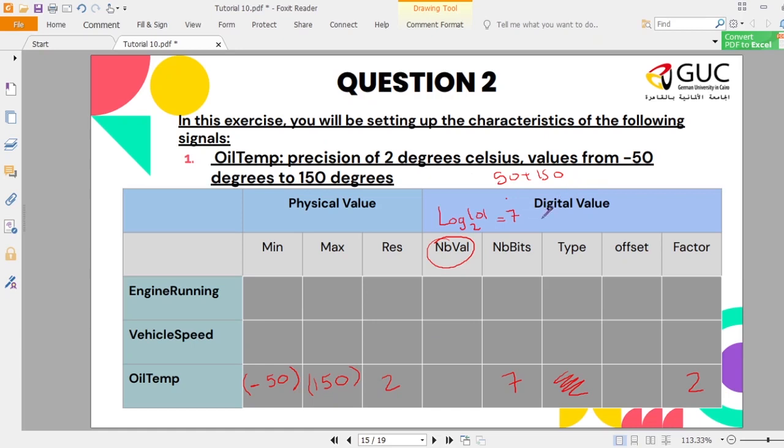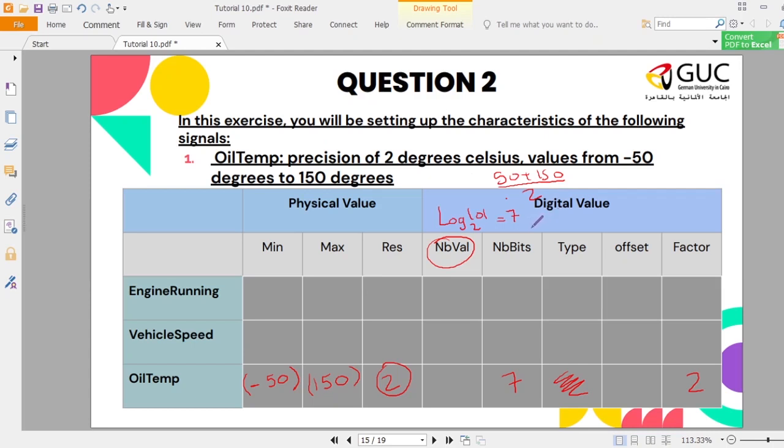The resolution was always 0.1, so we multiplied by 10, saying that we have 10 values between each two whole values. But now our resolution is 2, meaning that each 2 values is represented by 1. So in this case we will divide by 2, because we skip a value.